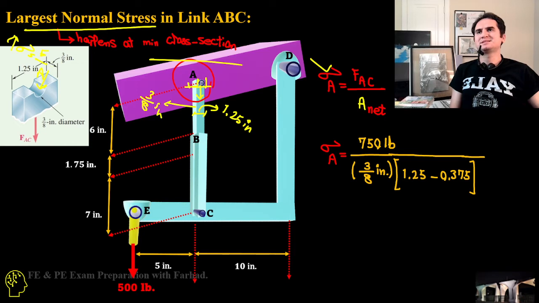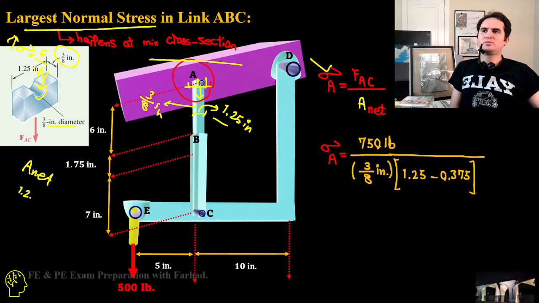So the thickness of 3/8 inches times the 1.5 length, minus the pin: the net area is a subtraction of the pin itself. We have a pin at the top with a diameter of 3/8 inches.